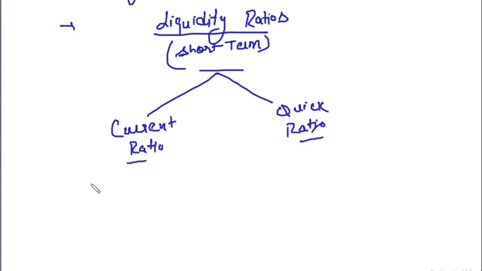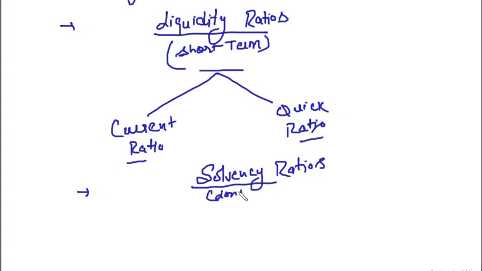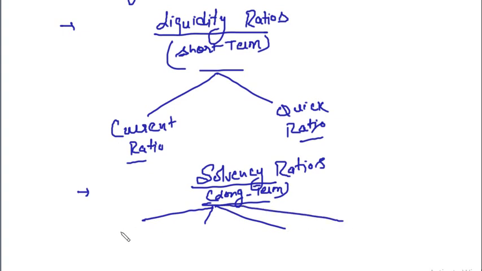Then we moved on to solvency ratios. Solvency ratios talk about the long-term position. So, under the solvency ratios, we studied four ratios. Number one, debt equity ratio.